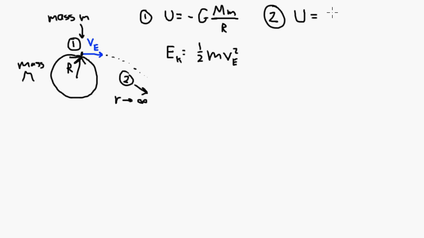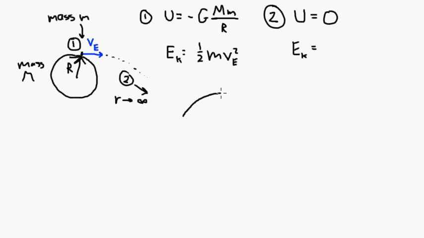So 0. And then the kinetic energy, when it gets way far out there, well, basically you want to find the minimum speed you can have that'll get you all the way out here. As you go out, you'll recall the potential energy is increasing asymptotically towards 0.